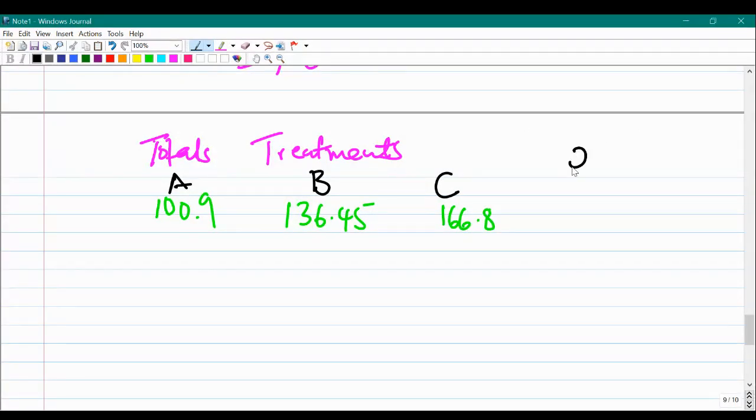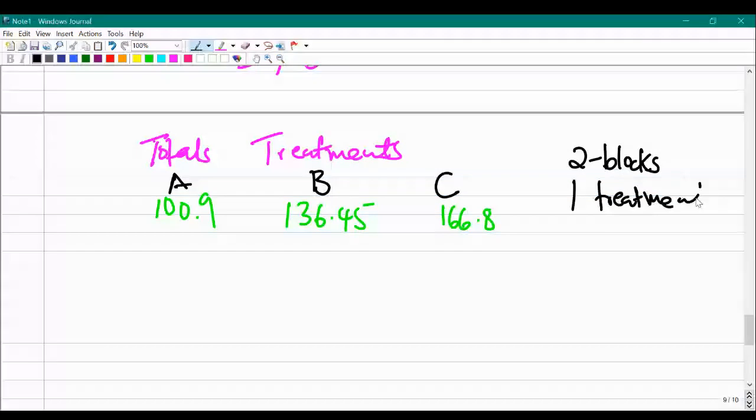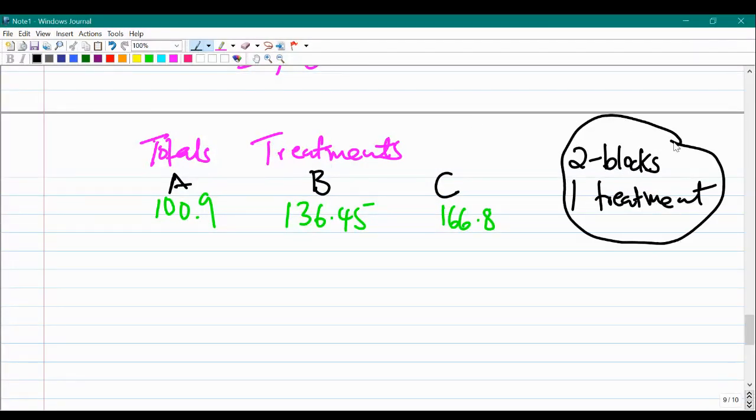Because that's where our focus is on. We have 2 blocks and 1 treatment. When we write the model, this can guide us, right?